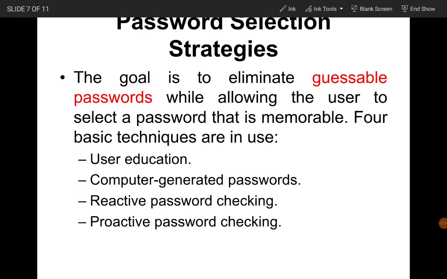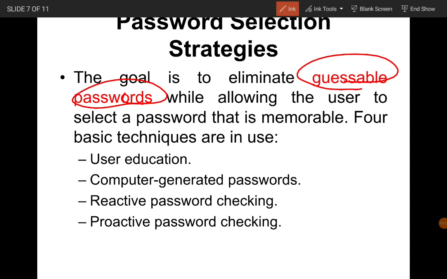Then we move on to password selection strategy. Our main goal is to eliminate the guessable password. That is, if the passwords are easily guessable, then you cannot use them as password. What we are generally doing is allowing the user to set a password that is easily memorable.